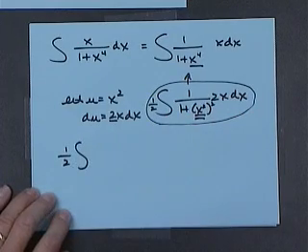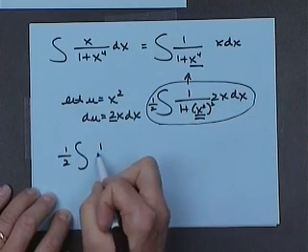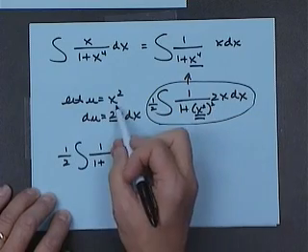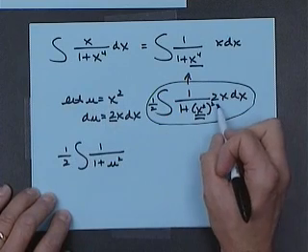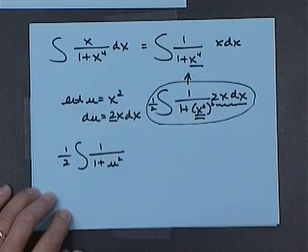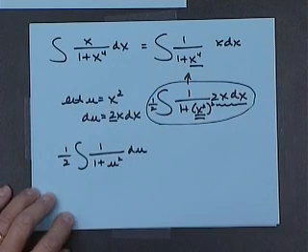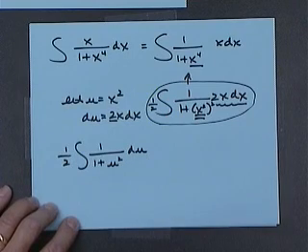So we're stuck with a 1/2 out in front, and we're hoping then that all this is 1 plus x squared squared becomes u squared. That looks a whole lot better. And all of that underlined stuff is du. And that worked, right? We thought it had a chance of working, but it in fact actually worked.